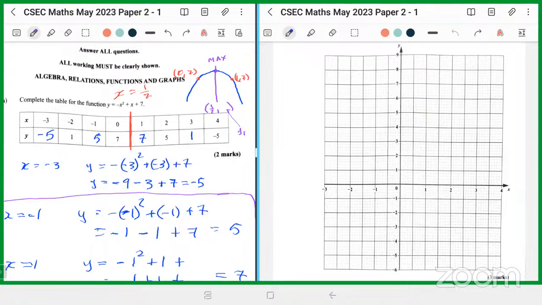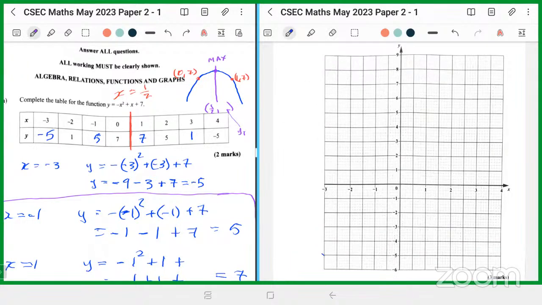All right, let's put on the points. The first point is (-3, -5). Negative 3 is the x value, out here. Negative 5 is here, so we're coming down to negative 5. So we're talking about this point right here. Negative 3, negative 5 is that point.